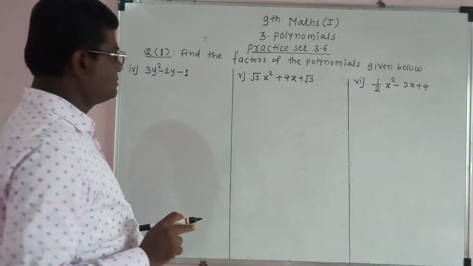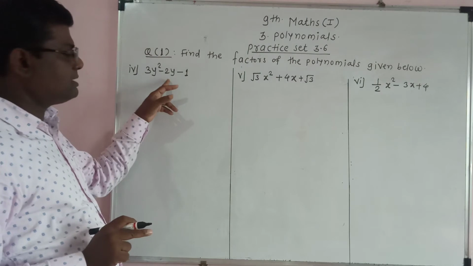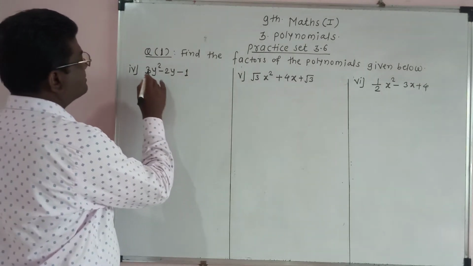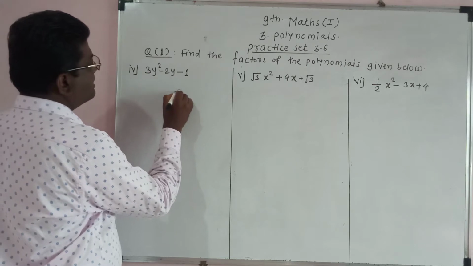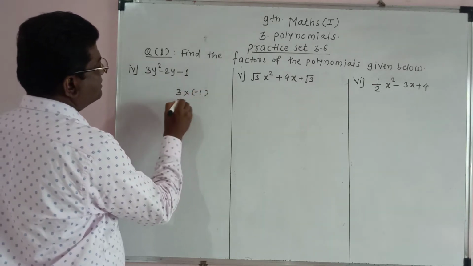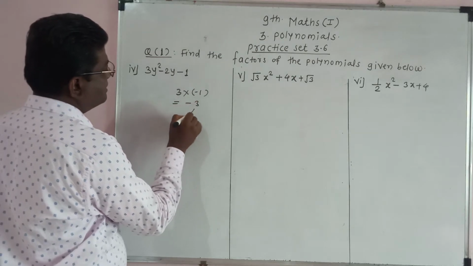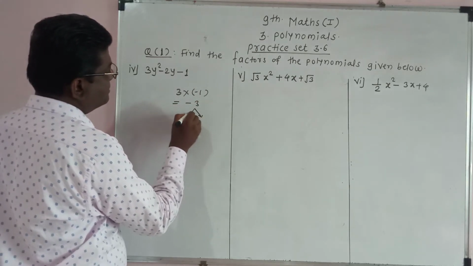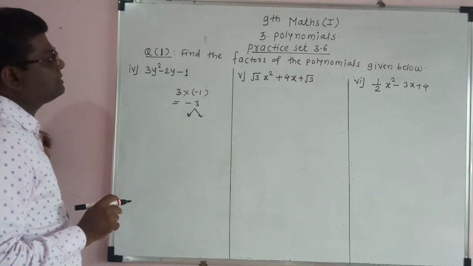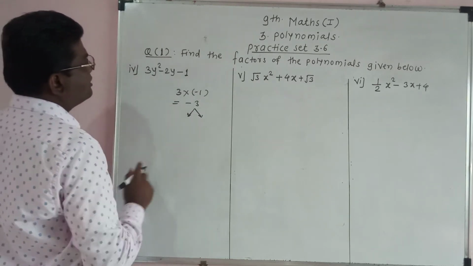Example number 4, 3y² - 2y - 1. Now multiply the coefficient of y², 3, into the constant term -1, that will be -3. Now let's find two numbers such that their multiplication is -3 and sum is -2.